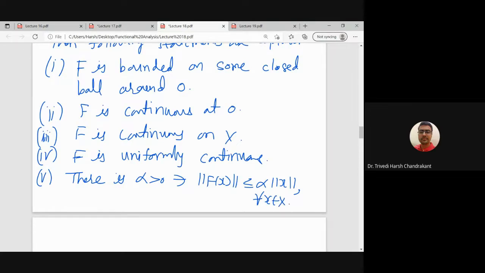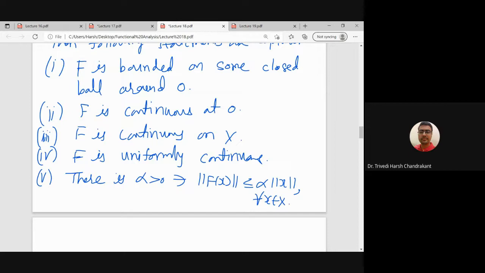If you remember, uniformly continuous means that in continuity, delta depends on the point where we are checking the continuity as well as epsilon. But in uniform continuity, delta does not depend on the point which we are taking. It only depends on epsilon.